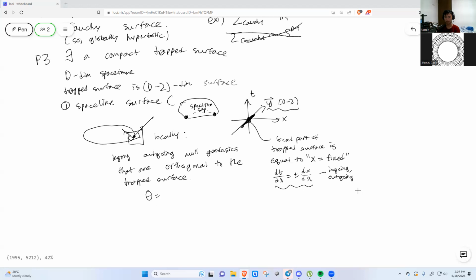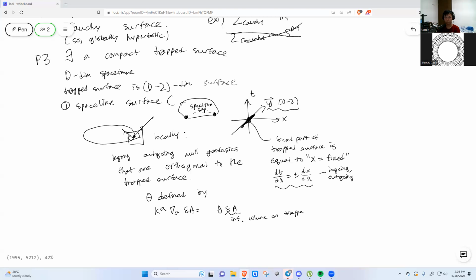You can define theta in many ways. Let me see which way will be the most intuitive. You can define theta by theta delta A, where delta A is the infinitesimal volume on the trapped surface.